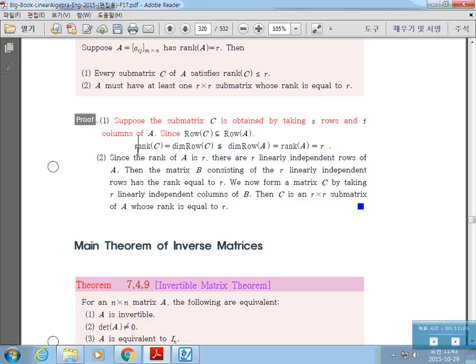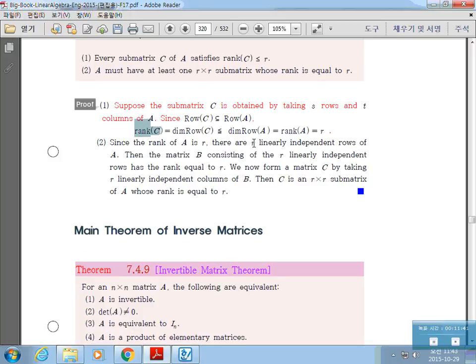Okay. So the rank of C is equal to the dimension of the row space of C, which is less than or equal to the dimension of the row space of A, which is the same as the rank of A, which is R. So the rank of C cannot exceed R. Okay.